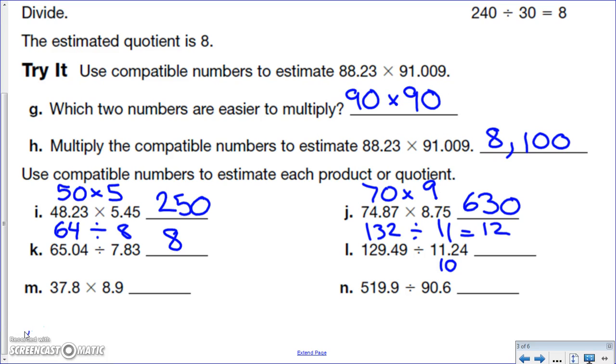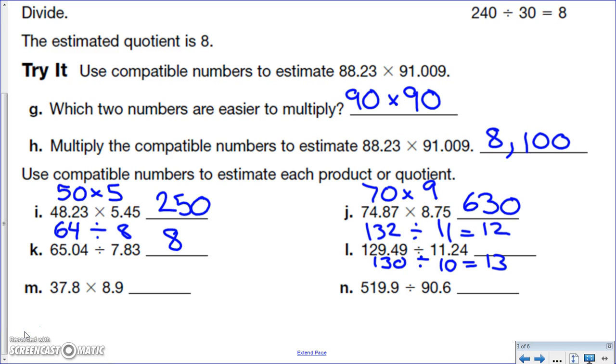Or we can round 129 and 49/100ths to 130 divided by 10. Either one of those answers is acceptable for L, so it's whichever one you're more comfortable with, whichever one's easier for you to do in your head.